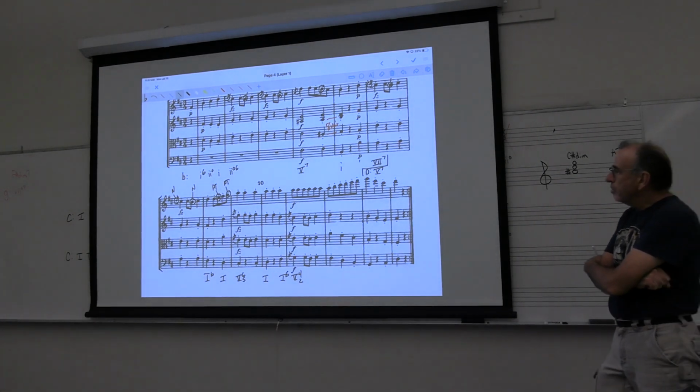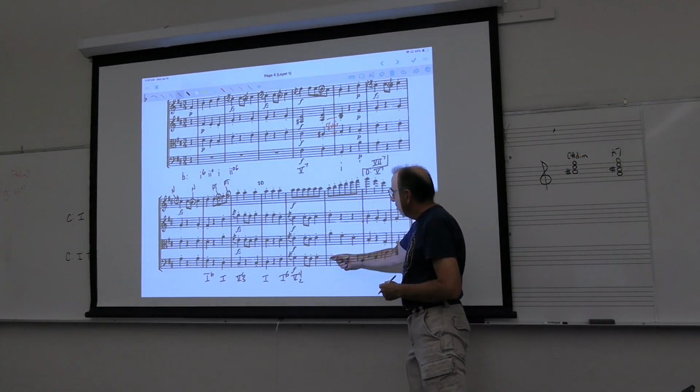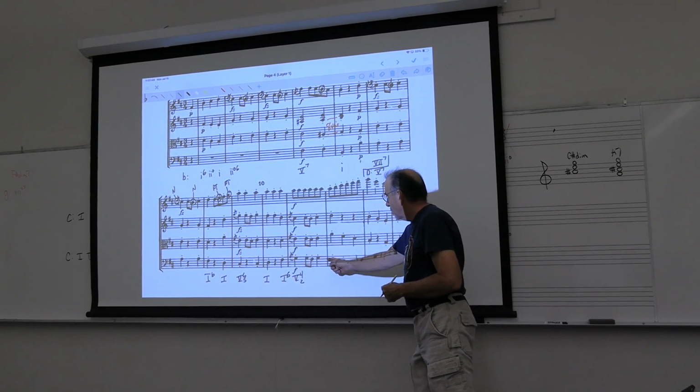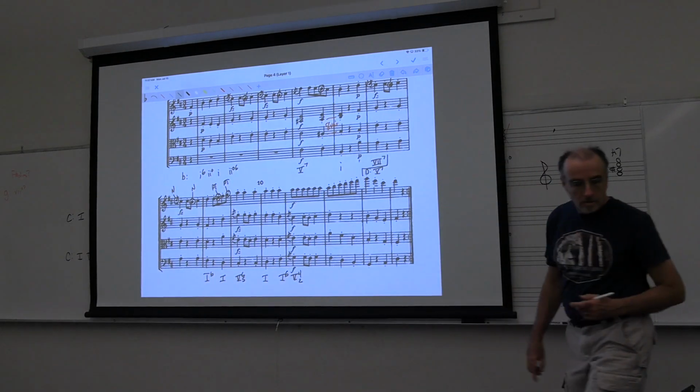And 5/4/2 is normally going to resolve to a 1/6, right? Because the 7th in the bass will go down by a step to the 3rd of the chord, which is going to give us a 1/6.